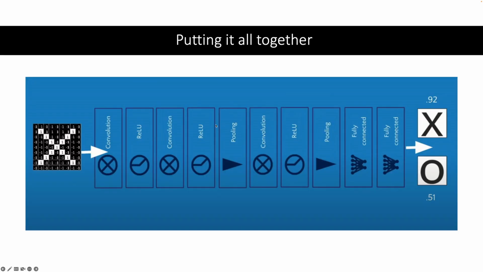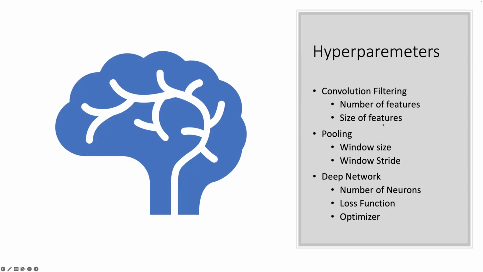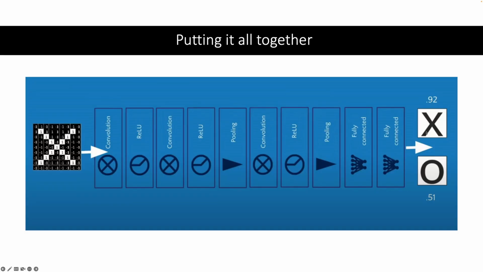So we're talking about how many convolutional layers, how many filters are in each convolutional layer, and what is the size of each of those filters. Okay. Pooling, we can experiment with the window size and the stride, and then all the things we learned about before with a deep network. These are only a couple parameters, but all of the parameters that we can change inside our fully connected layer have to be considered as well.